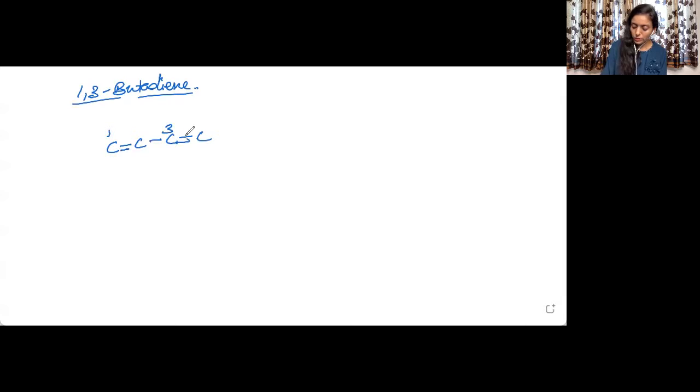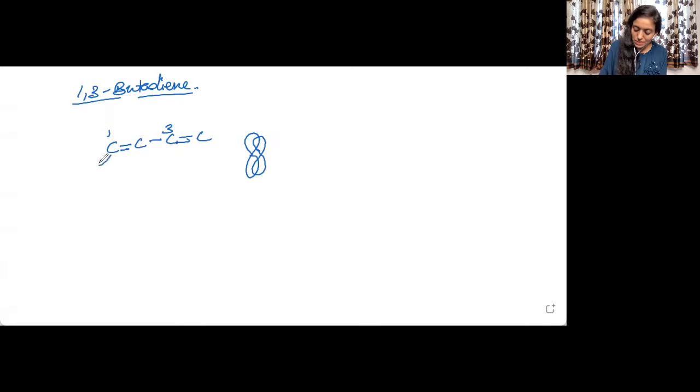Now, here we do not need to see the sigma bonds. We need to consider the pi bonds. Now, how is a pi bond formed? We have discussed that a pi bond is formed by the sidewise overlapping of unhybridized p orbitals.